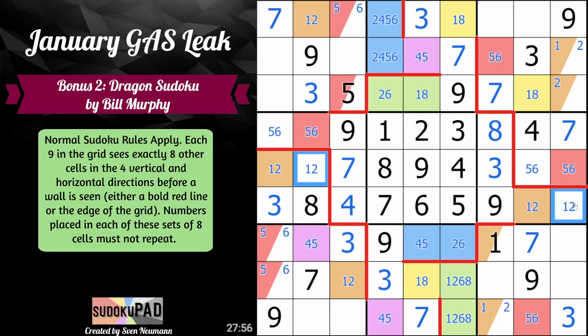And the other version of 1, 2 could well be yellow. Like this yellow could just be 1. Should make this yellow. This would be 1. 1 would go here. Hmm.